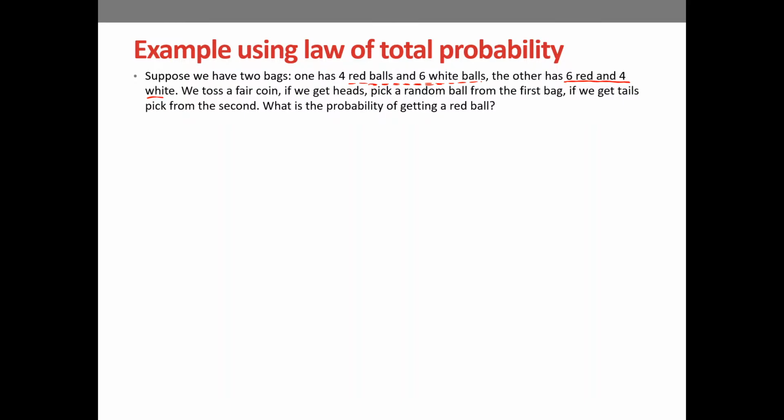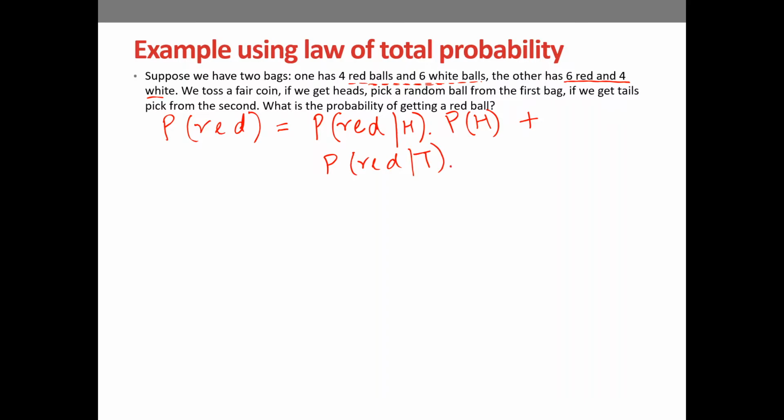Now, I know that I'm interested in getting a red, but that is possible in 2 different ways, right? Either I get a heads and then I pick a red, or I get a tails and then I pick a red. So this could be written down using the law of total probability as the probability of getting a red when I get a heads times the probability of getting a heads, plus the probability of getting a red when I get a tails times the probability of getting a tails.